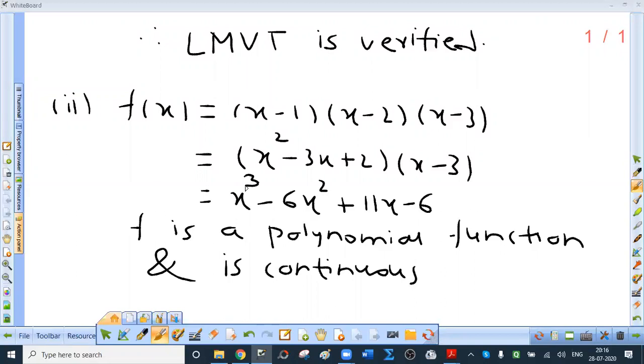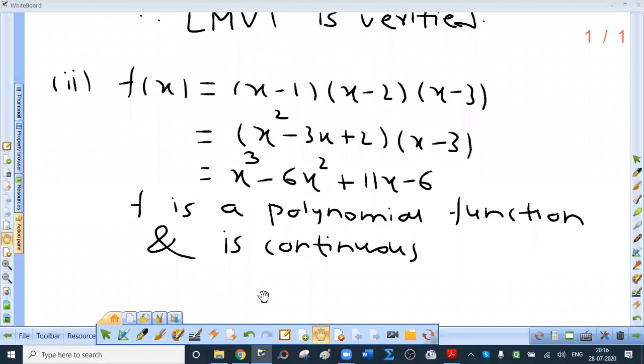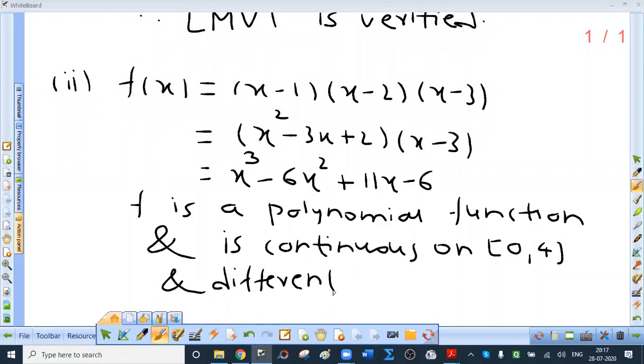Okay, this is a polynomial function and is continuous on the closed interval 0, 4 and differentiable on the open interval 0, 4.